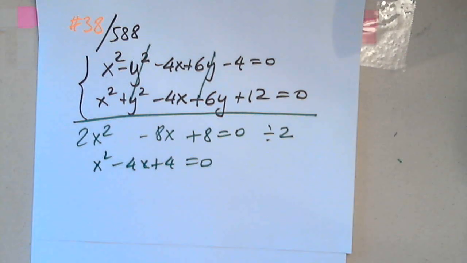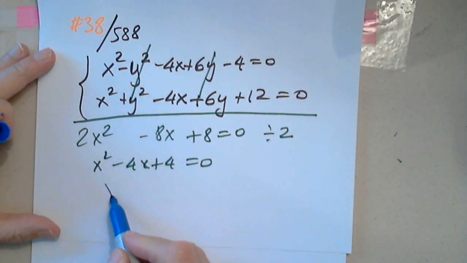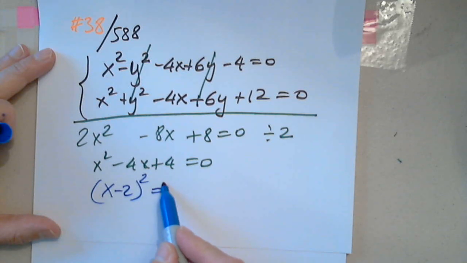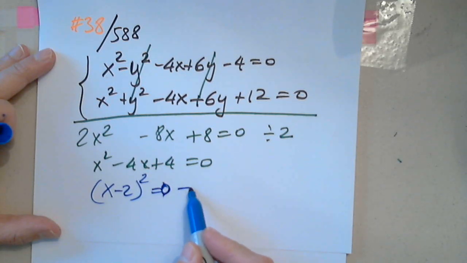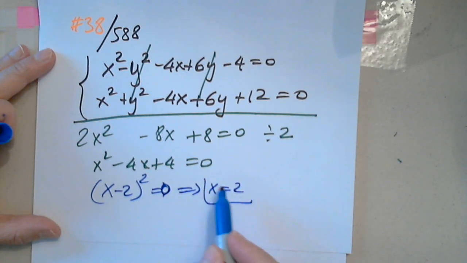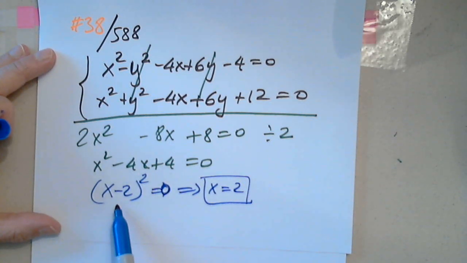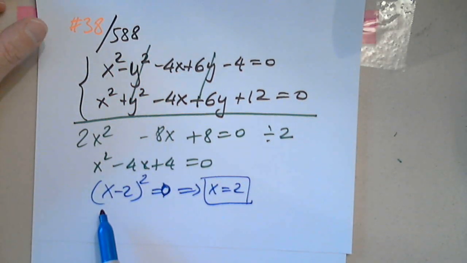So how do I handle this? Factor it. Yes, how? That's the reason why I insisted on those formulas, because now we know that this is x minus 2 squared in a blink.